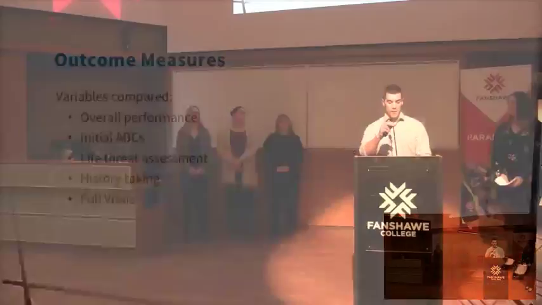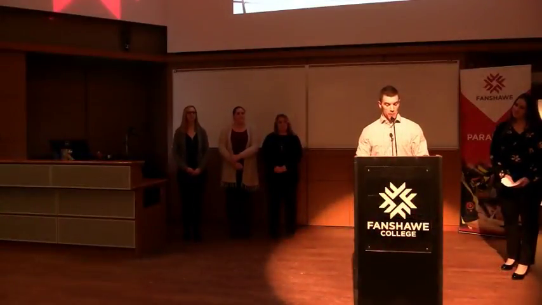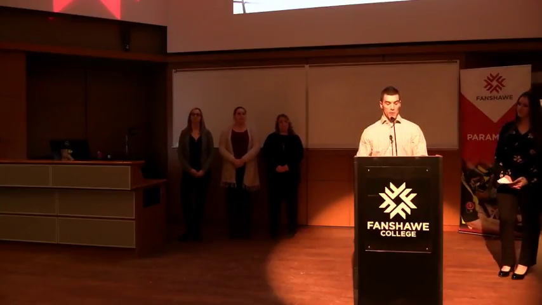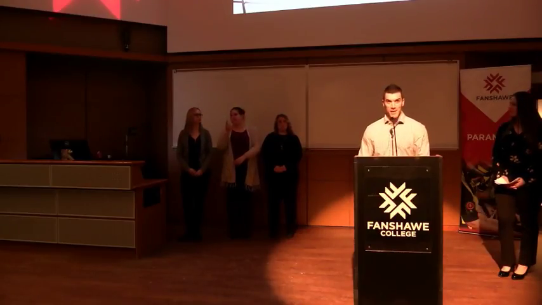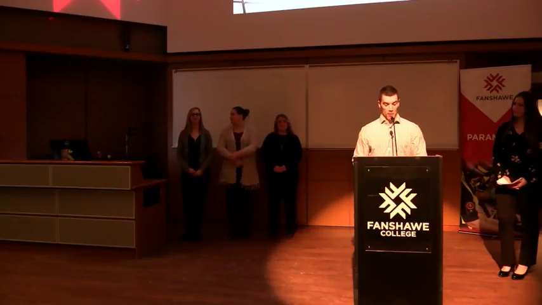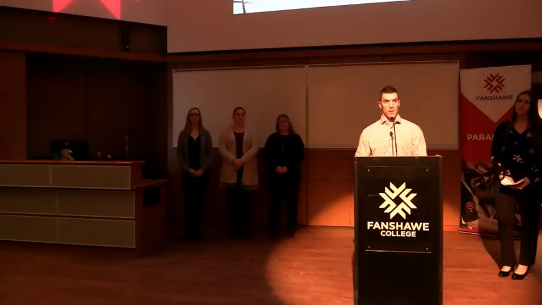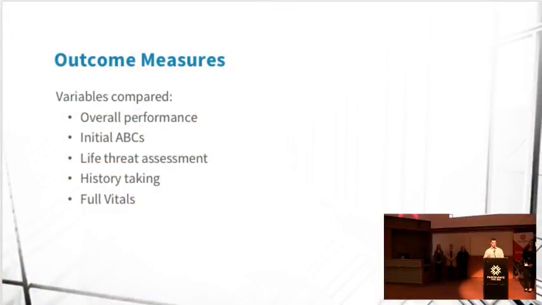All right, so for our outcome measures, there are a few key parts we wanted to focus on. So the overall performance was based on how thorough the students were with each part of their assessment. So we combined each section to give them an overall score, which combines all these other parts.